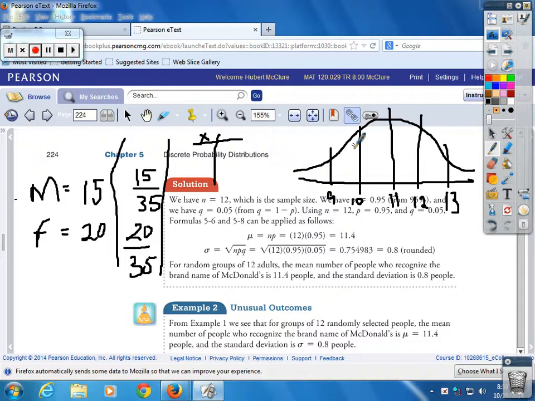But the whole point is you could take this data right here, and you could say this probability, somebody do 15 over 35, what'd you get? Say again? 0.4. We'll say 0.4. Okay, 0.43. We'll do 0.43. And then here is 0.57.